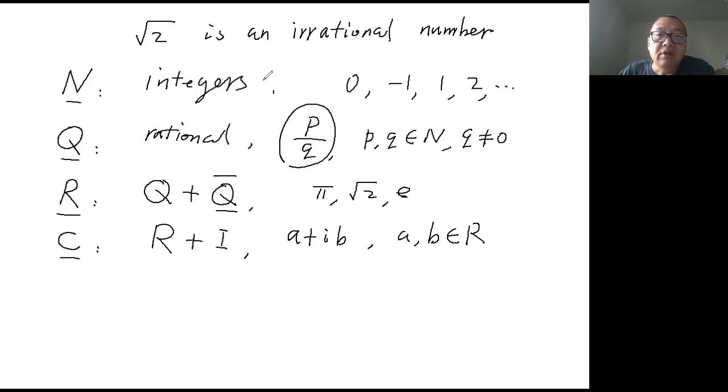Now, let's go back to our topic: prove root 2 is an irrational number. To prove that, the easy way is to use contradiction. This is also a very weak spot in US math education.